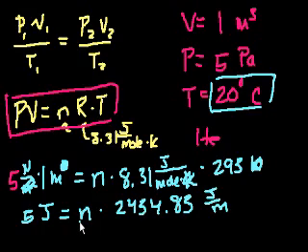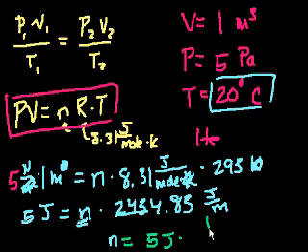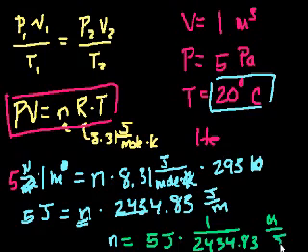And so to get the number of moles, we just divide both sides of the equation by that, and the units should work out. So N is equal to 5 joules times 1 over 2434.83, and since we're dividing, this flips to moles per joule. And then, of course, this joule cancels out with this joule, so we just have to divide 5 by this, and we'll get the number of moles.